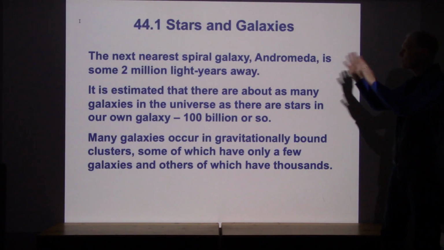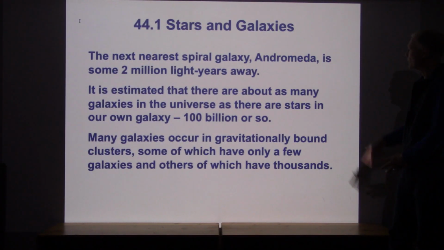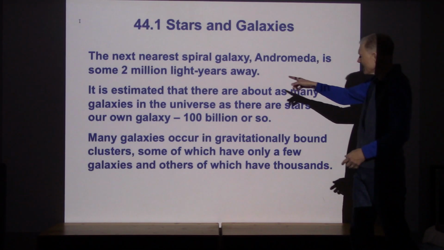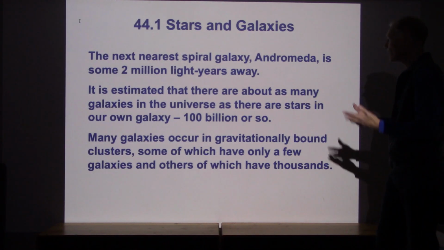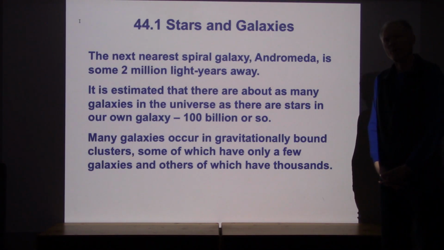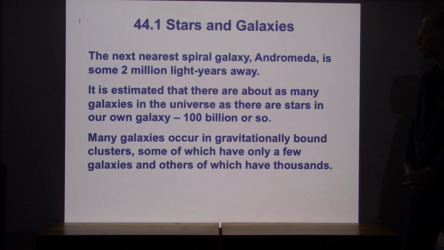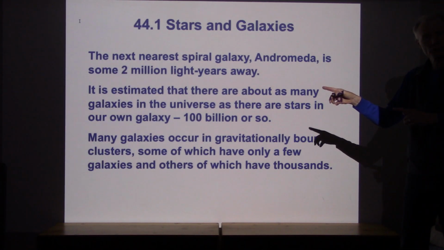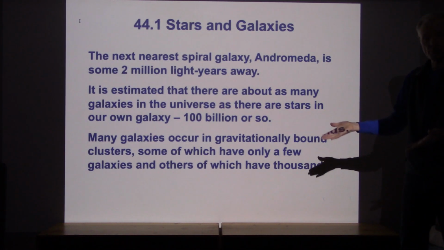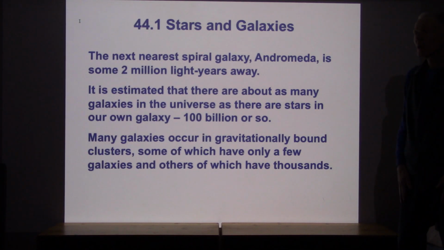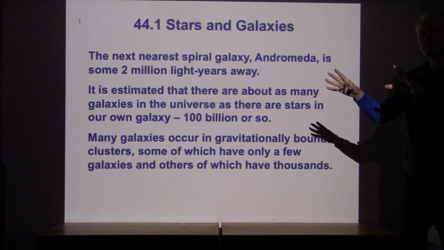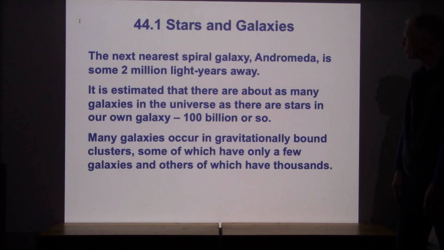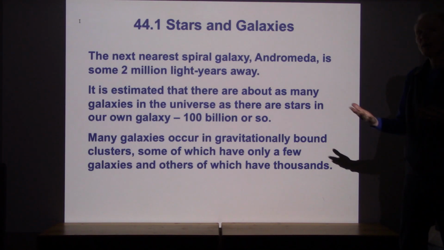So here's some stuff you can read through. 2 million light years to Andromeda. Now when it says it's estimated that there are about 100 billion galaxies, that's observable. So it's saying that if we go back to those pictures that were taken by the Hubble Space Telescope, we're able to look deep enough into space that there are probably 100 billion or so galaxies observable.